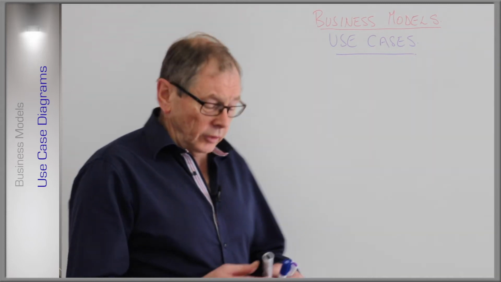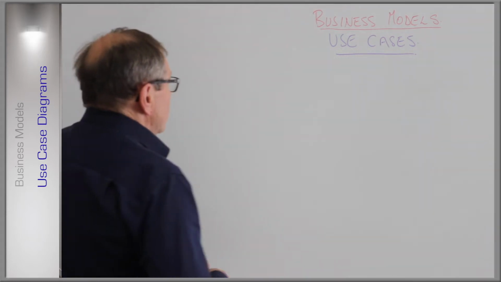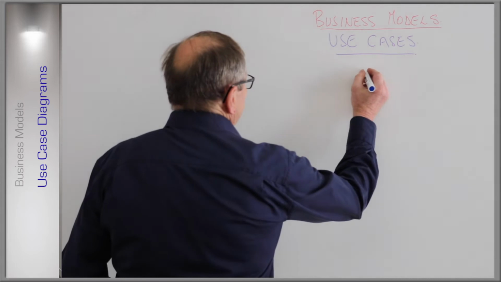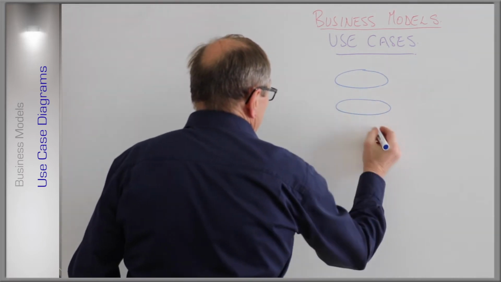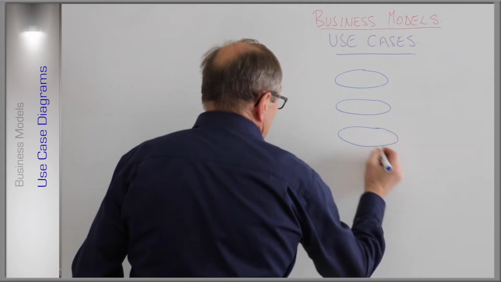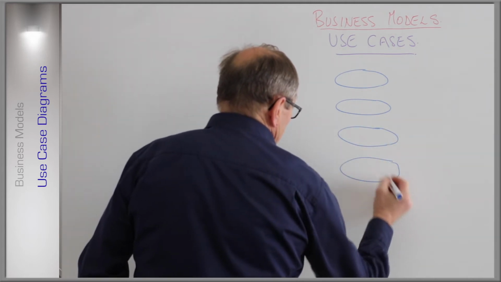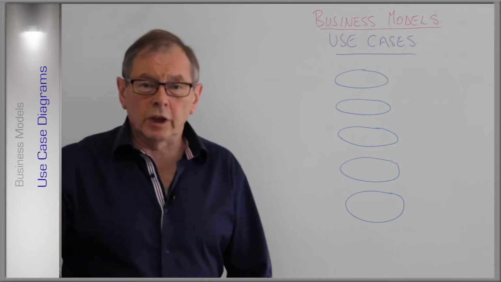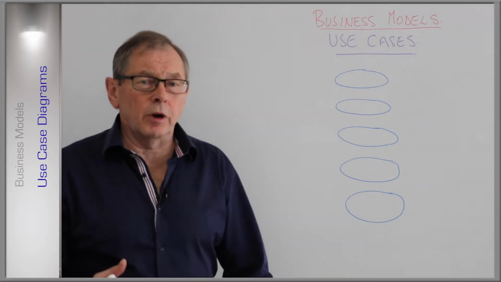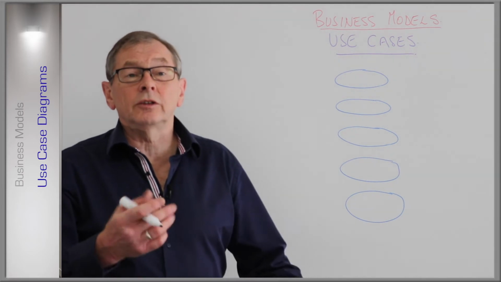And the way this works is very simple. We have to define initially our use cases, which are defined by a series of ovals, which will look at a certain set of functions within it. So you look at, say, booking, the process of booking a ticket to the cinema, for instance.